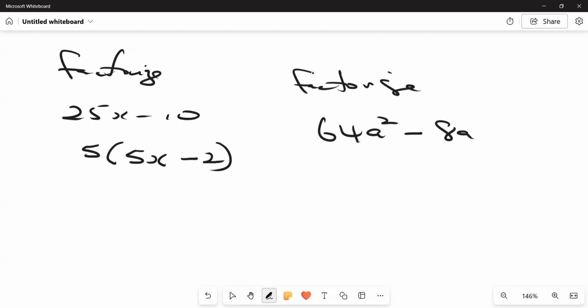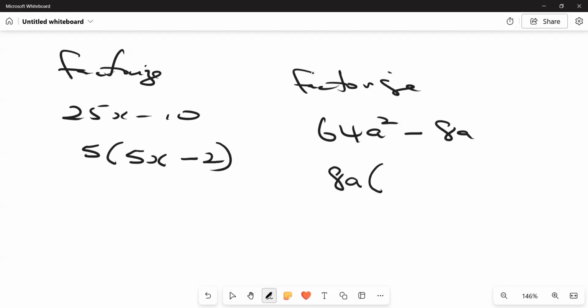Shouldn't be hard. What expression can go into both of them? 64a squared and 8a. 8, sir. What about the a? Can a not go into both of these, a squared and a? Yes, sir. Good. So 8a is the highest common factor.